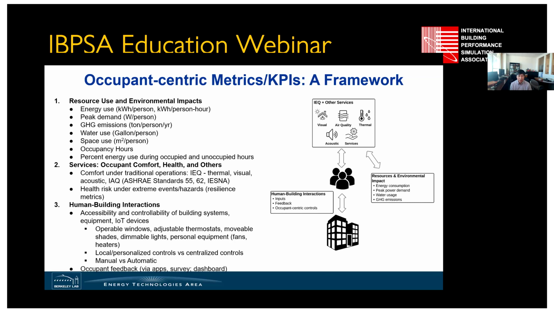The peak demand is similar, but it looks at the maximum demand, the related GHG emissions, water use, space use, and the occupancy hours, which is also a very important indicator for the services provided to occupants. Sometimes we try to understand the ratio between occupied and unoccupied hours, as illustrated earlier.